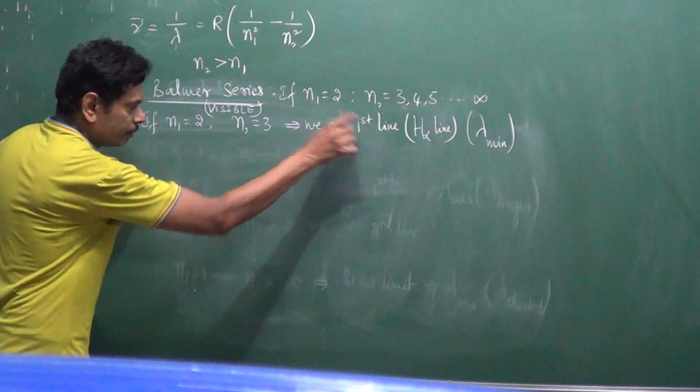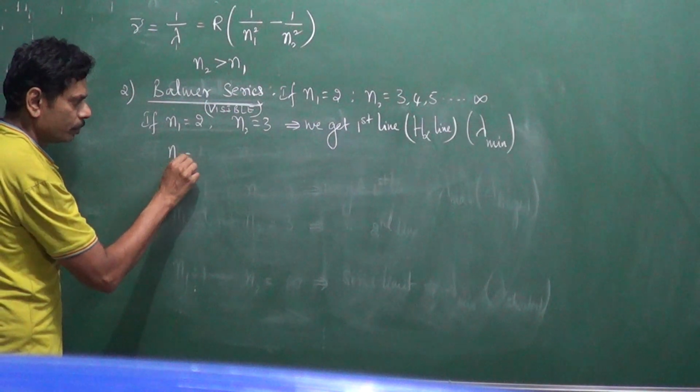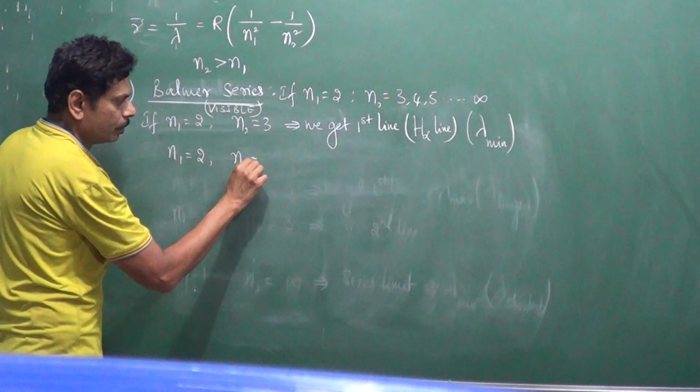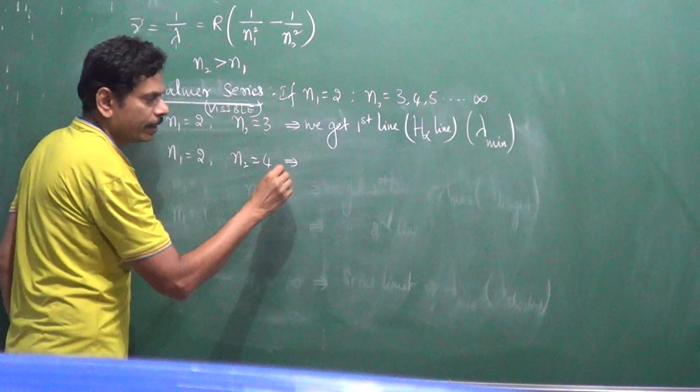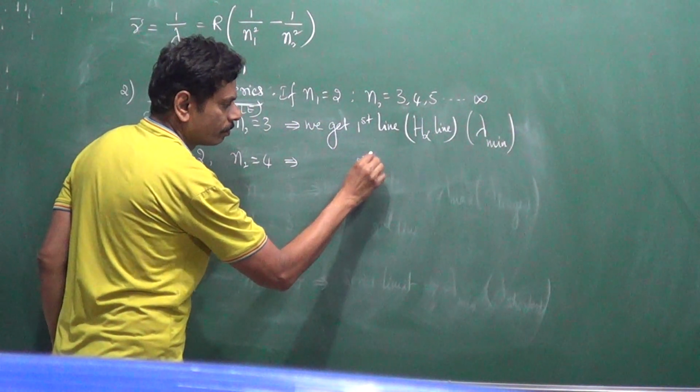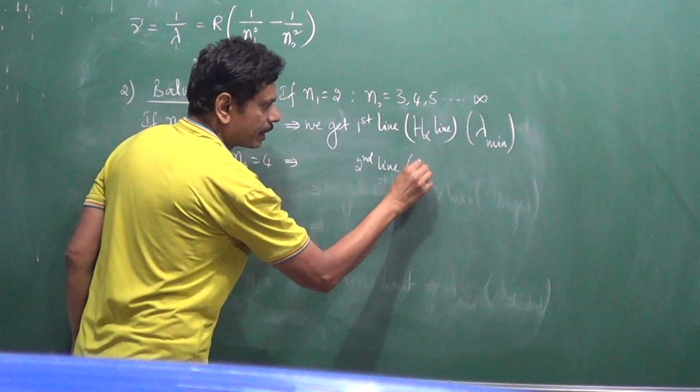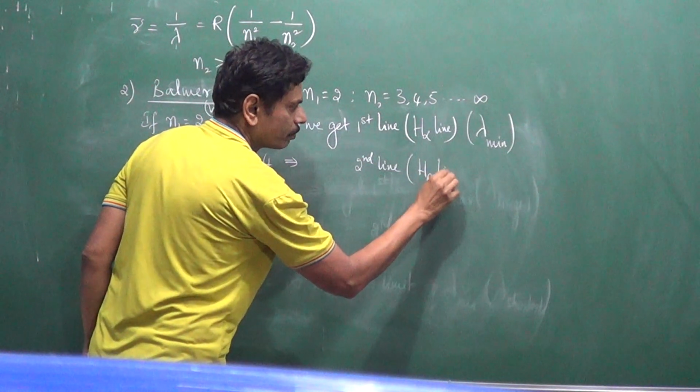Now, if n1 is equal to 2, n2 is equal to 4, we get the second line, called the H beta line.